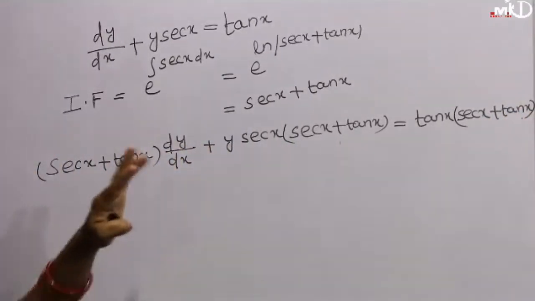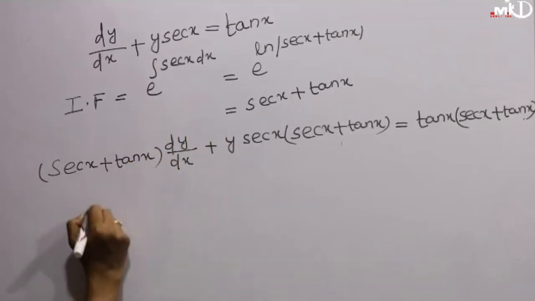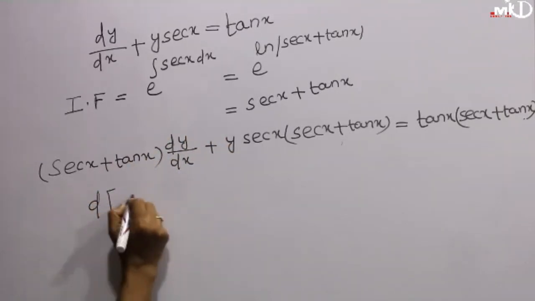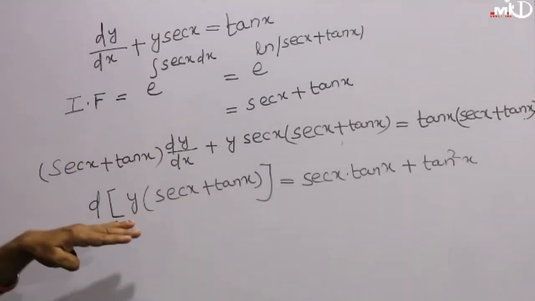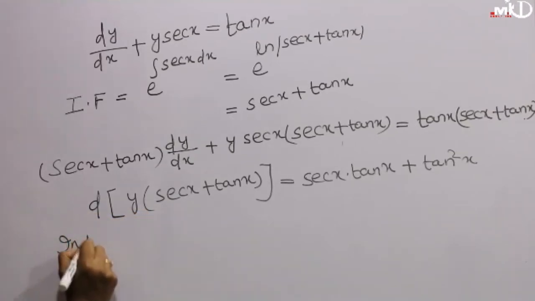Now you see, don't worry about the left side. It always becomes the differentiation of y into the integrating factor. So now we reach the final step. Now integrating both sides.